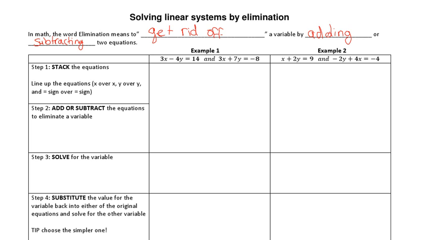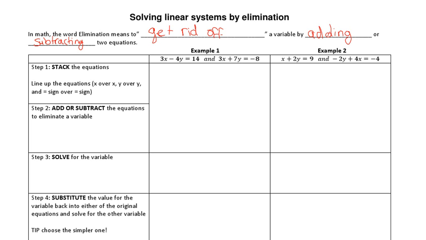Okay, so to do so, what you need to do first, you need to line up the two equations under each other. You want to make sure that your x values are under each other, the y values are under each other, the equal signs are under each other, and the number is under each other.